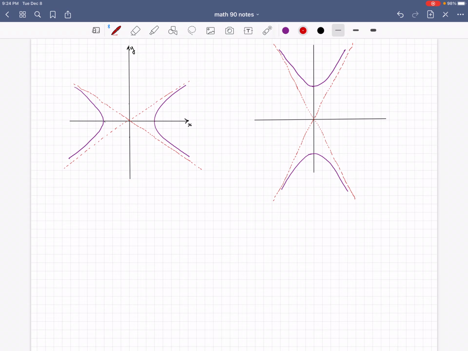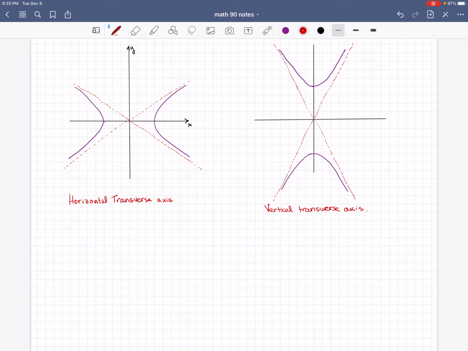So this first one on the left is one that we call a hyperbola with a horizontal transverse axis. I'll say more about it in a minute. And this one on the right is one with a vertical transverse axis.